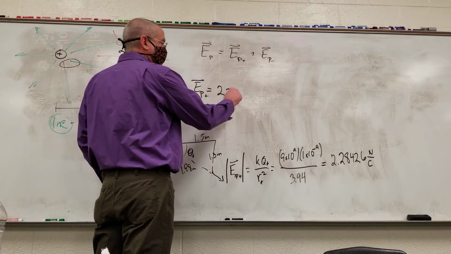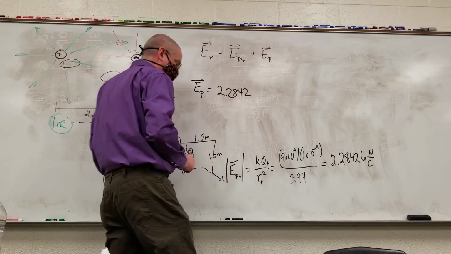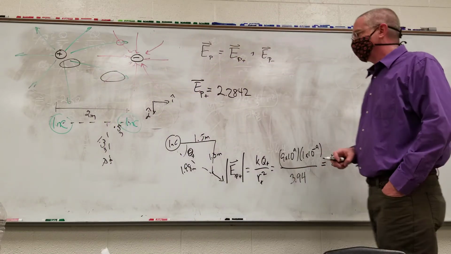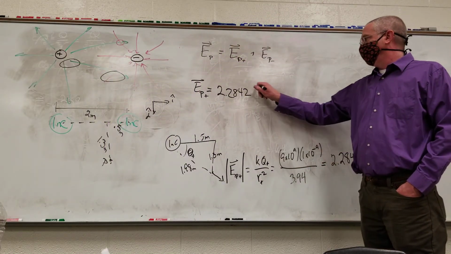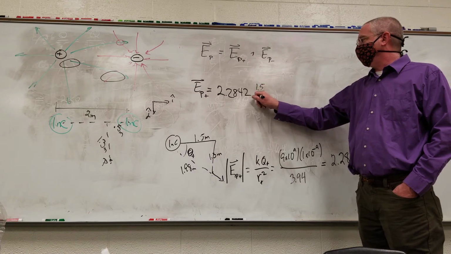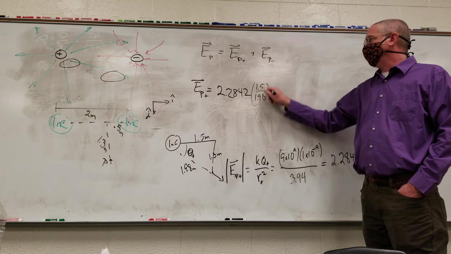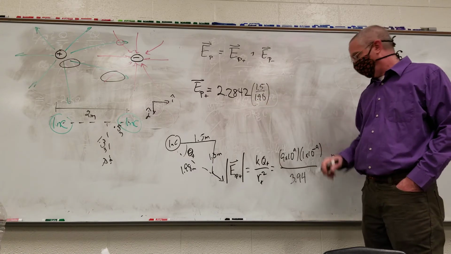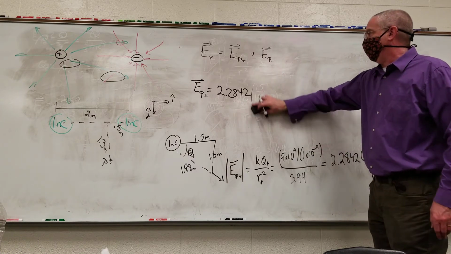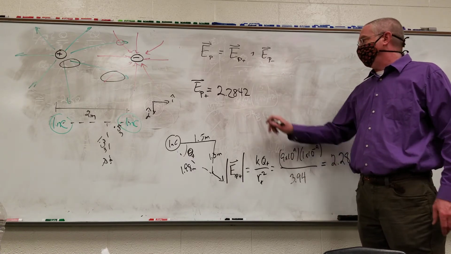So 2.2842 times the cosine of theta, which is 1.5 over 1.98. Really, we don't have to find the angle, I'll stick in the intermediate step. We don't have to know what the angle is.